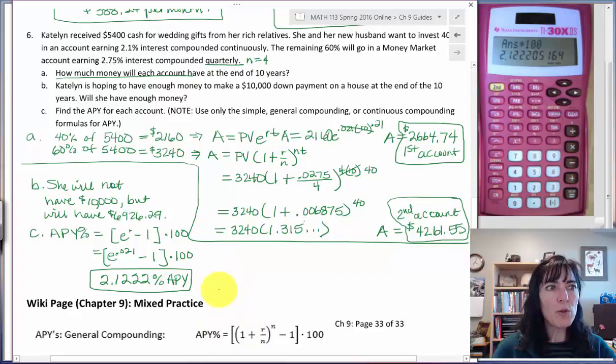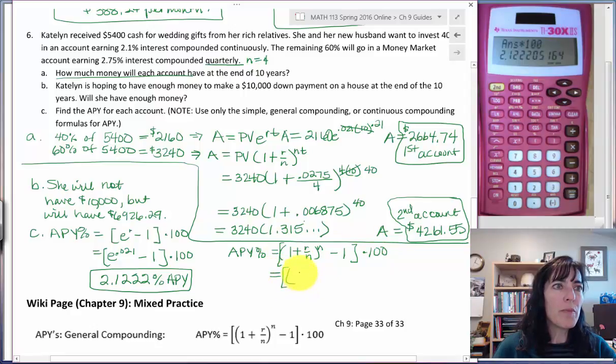The second account, remember, I'll need to use the general compounding because it does say compounded quarterly for this account. And so that one's going to be APY percent equals 1 plus r over n to the n power minus 1 times 100. And the values I need to plug in are 1 plus my rate was 2.75, so 0.0275.